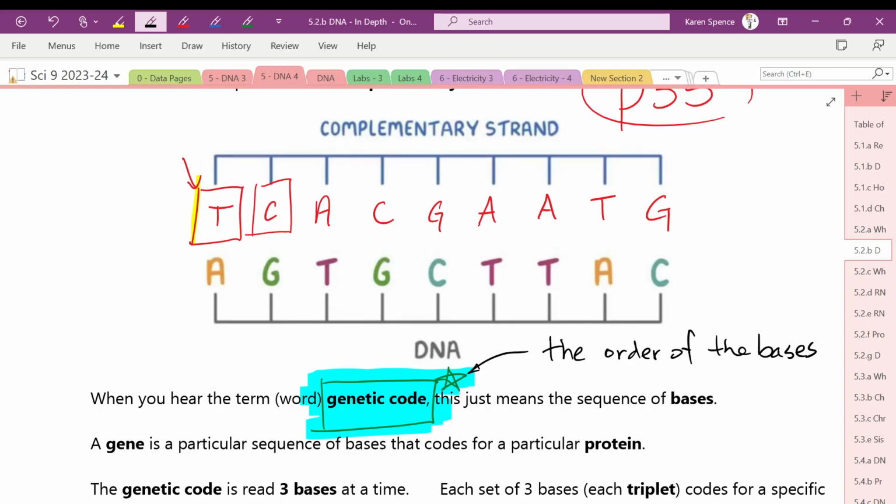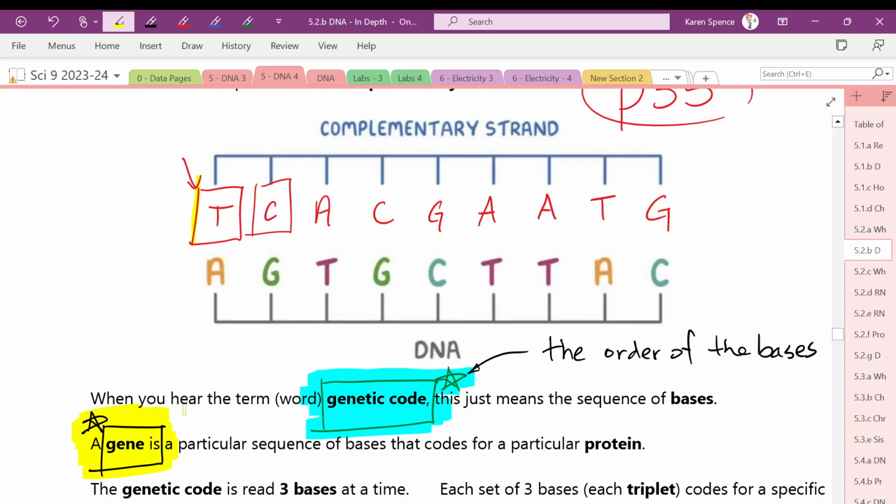Now, we're going to be talking tomorrow about genes. So I'm not going to get too wound up about it right now, but gene will be a vocab word. Tomorrow we're going to have a big focus on genes, but it is a particular sequence of DNA that codes for one specific protein.